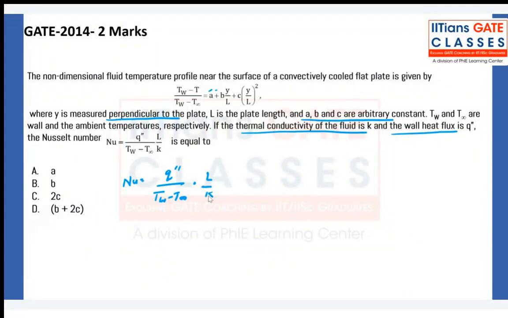We know that the heat by conduction at the wall will be equal to minus k A dT by dy at y equals 0.